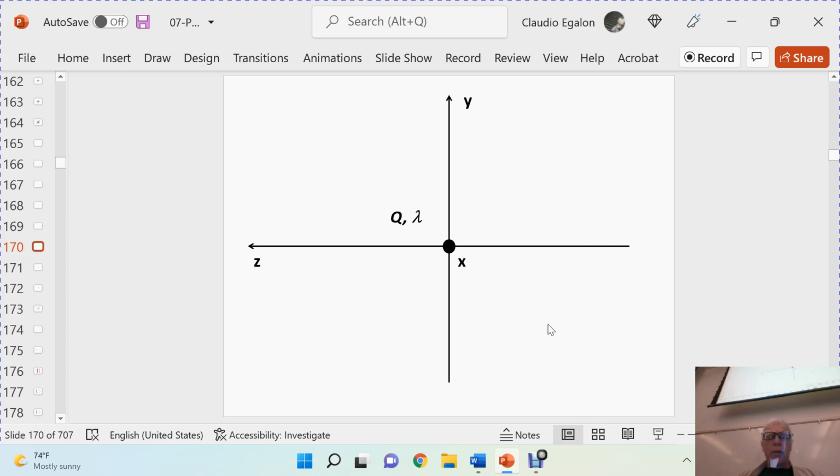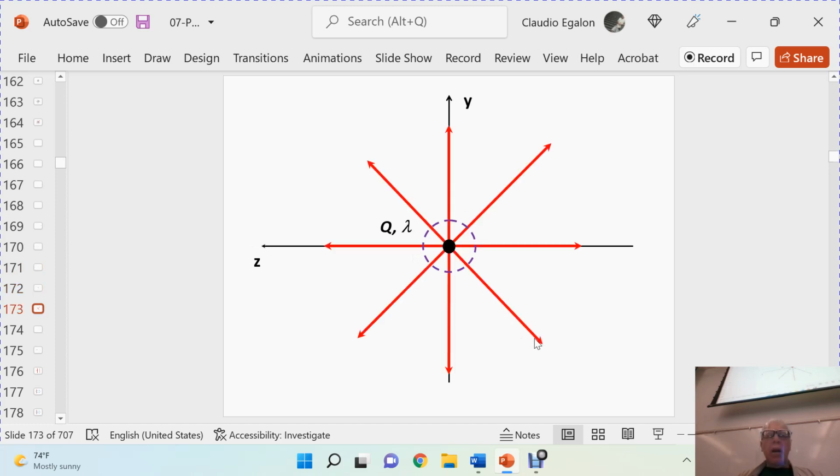If q is greater than 0, we should expect that the electric fields are going to point away from the rod. So we go ahead and construct our Gaussian surface first. Our Gaussian surface has radius r, and the electric field points away from the rod. With a uniform distribution, it's reasonable to assume something like that.